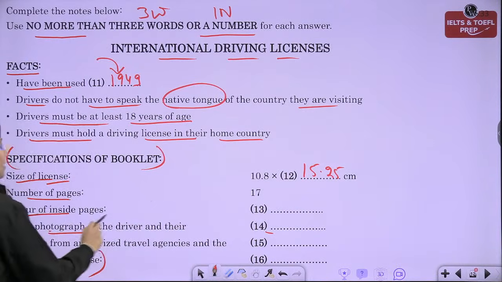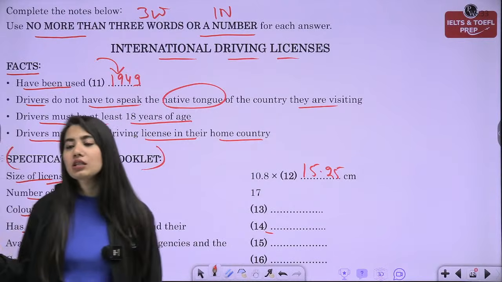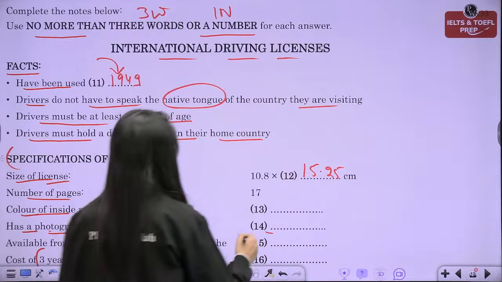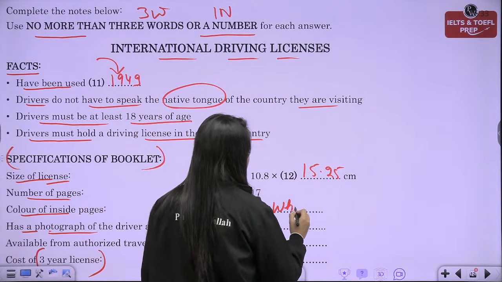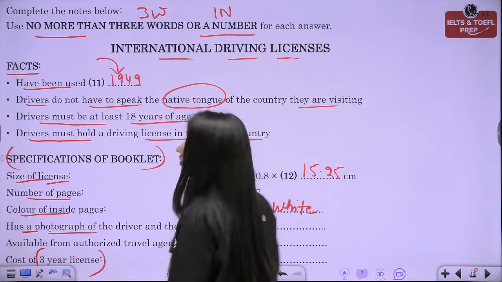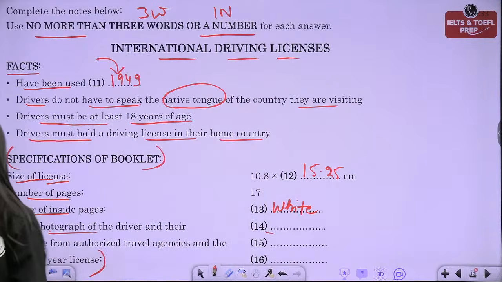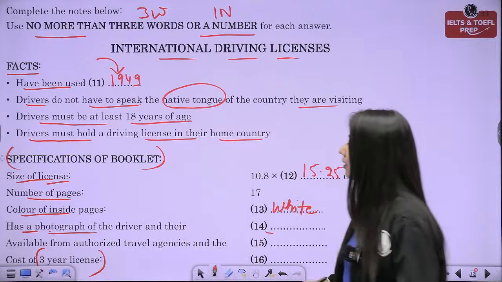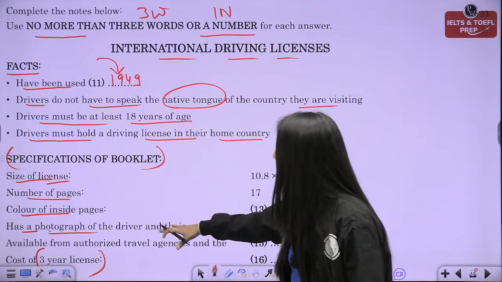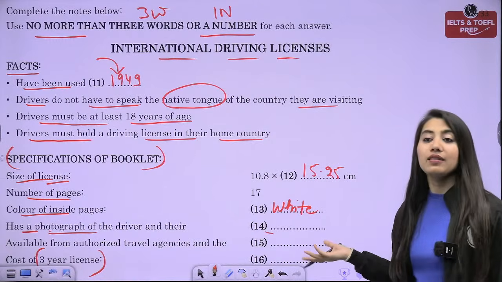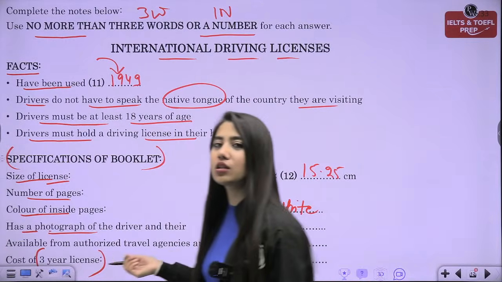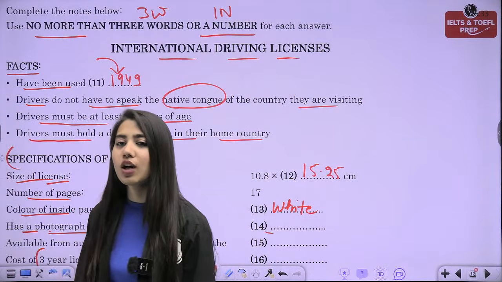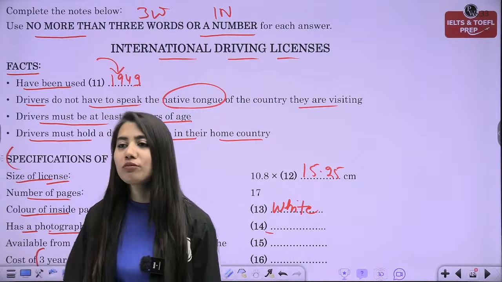Then color of inside pages. What kind of color was it? Which color was it? It was white. Right? The color was white. Then it's about has a photograph of the driver and their what? And their, what should be the answer here? Yes, guys, write down here in the chat box quickly whatever you've marked.